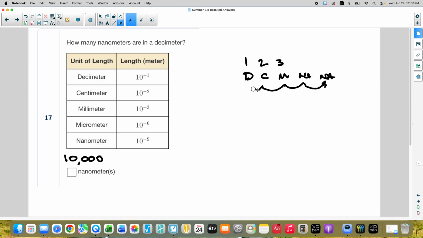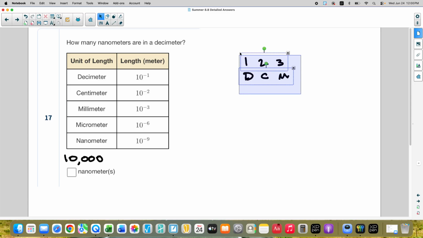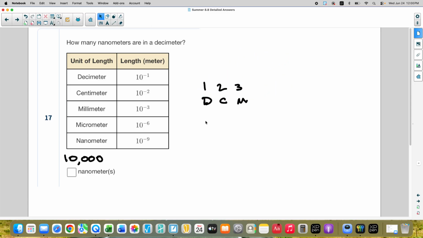So hold on, let's do this. So let's move this over a little bit. So that's to the -1. So we have this other unit, 4, 5, 6 would be micro, 7, 8, 9 would be nano.